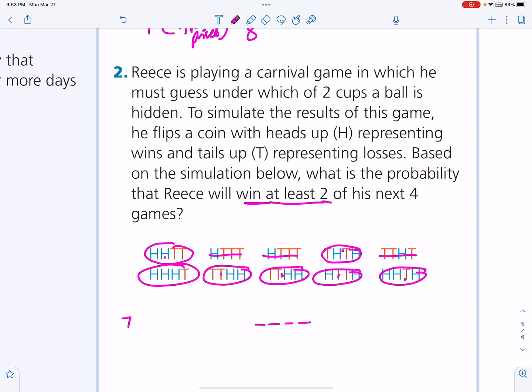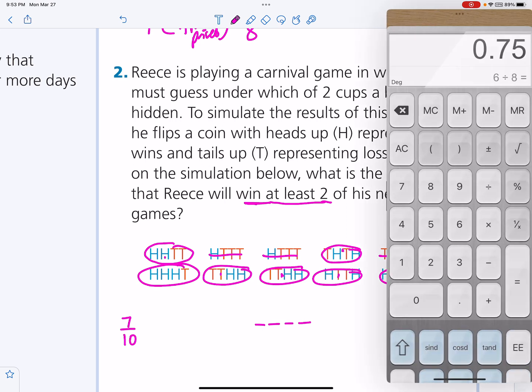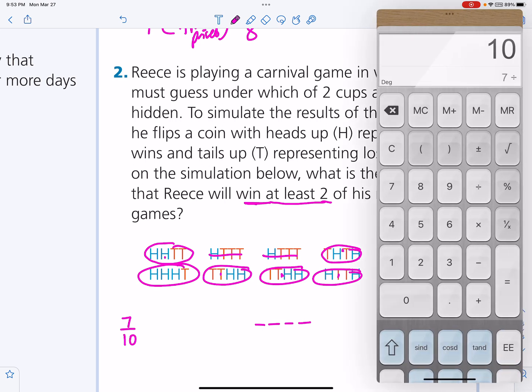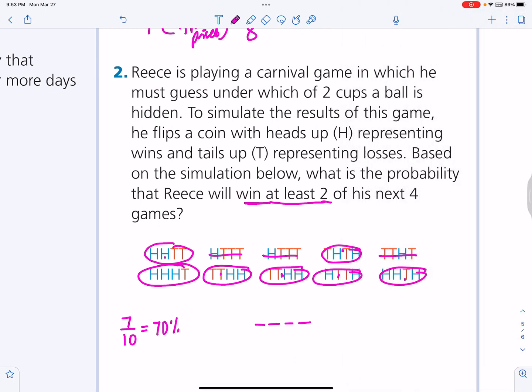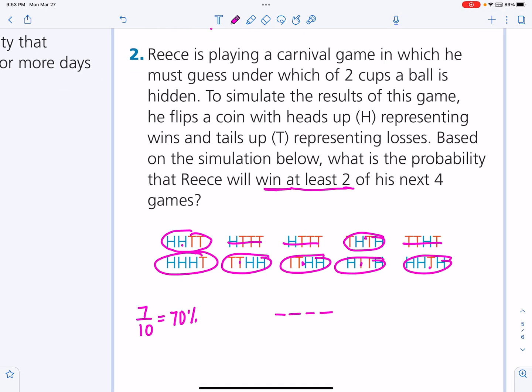So our probability is 7 out of 10 that he would win at least 2. And so 7 divided by 10 is 7/10, which equals 70% chance of winning at least 2 on his next games.